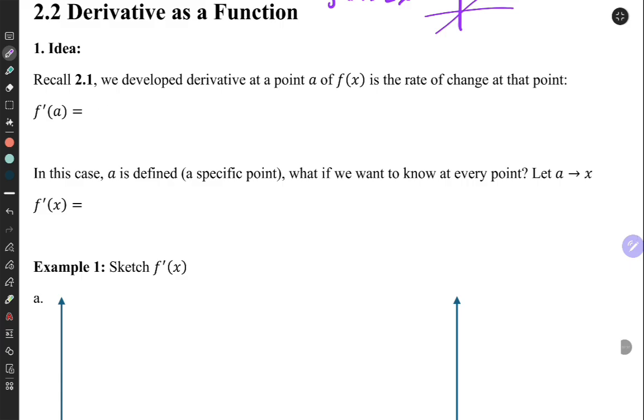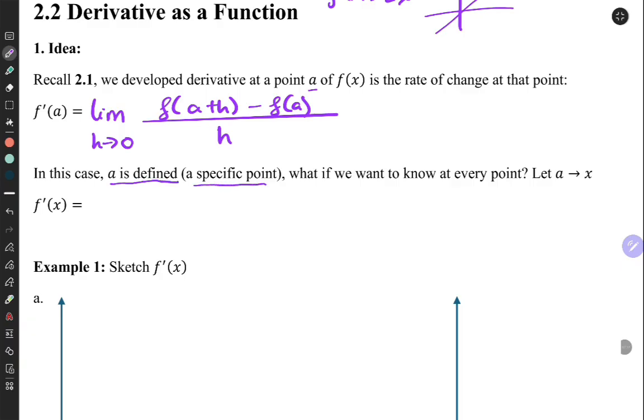In 2.1, we developed that the derivative at the point a is the limit of the difference quotient. I think by this time we've been writing this formula like 20 times already, maybe. f of a plus h minus f of a, divided by h, right? Like I said, a is defined as a specific point.